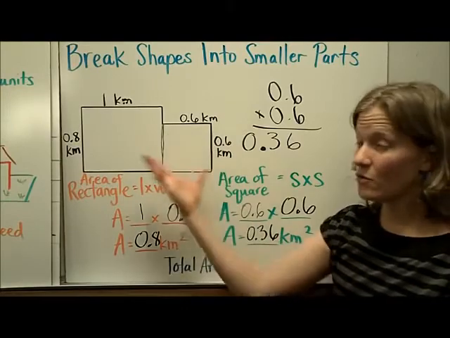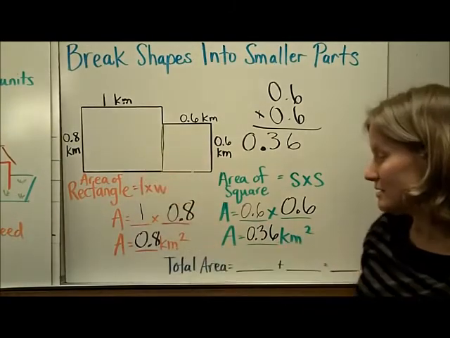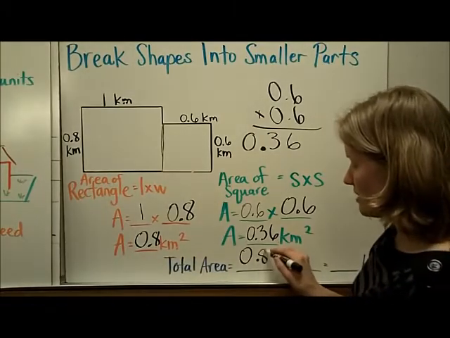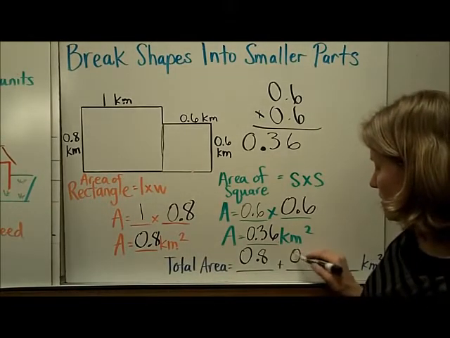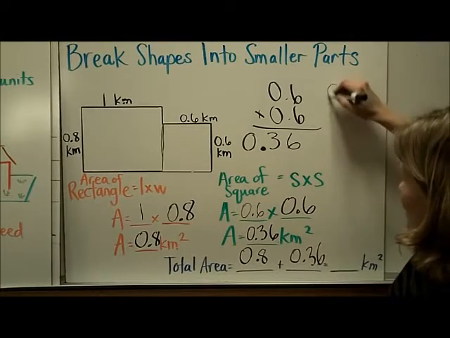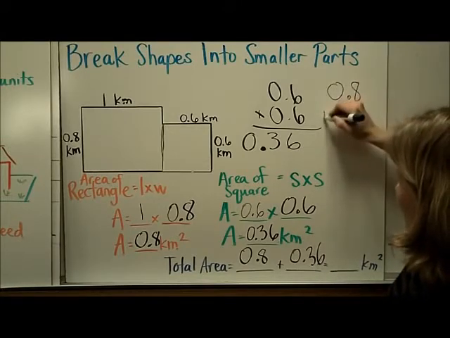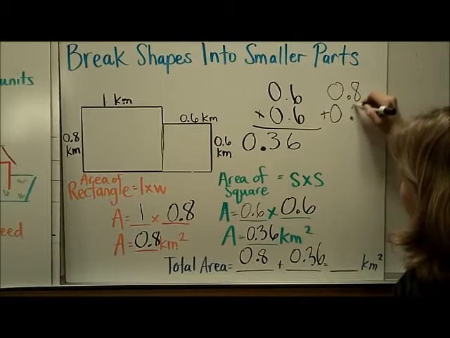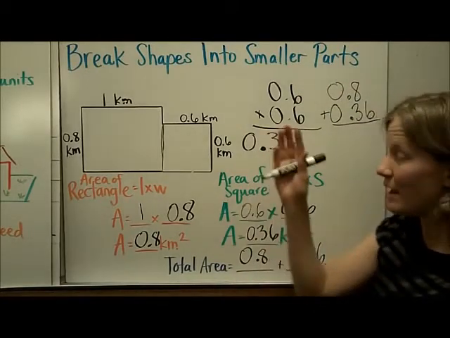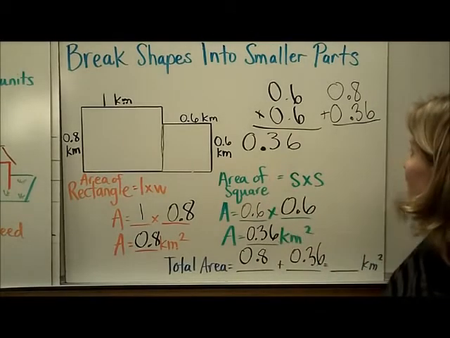So in order to find the total area of this polygon, I just need to add them together. I'm going to take 0 and 8/10 kilometers squared plus 0 and 36 hundredths kilometers squared, and I'm going to rewrite those vertically. Remember to make sure to line up your decimals so that you are adding place values together.